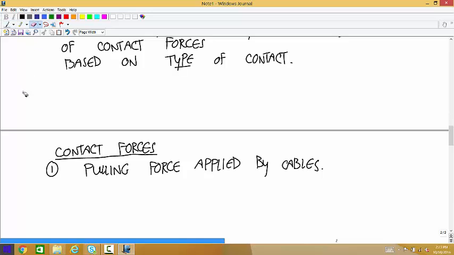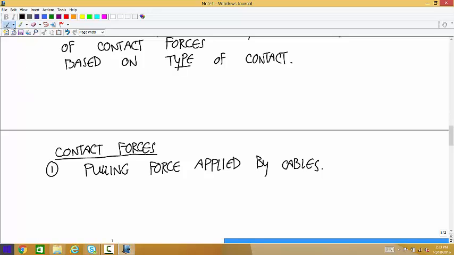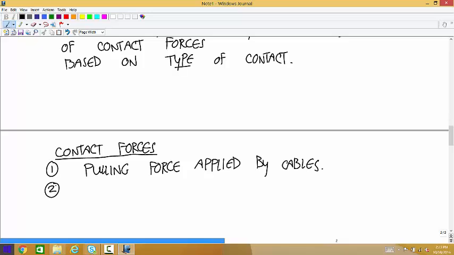You might think of a cable as a pretty specific thing, but when I say cables, I'm talking about pulling with ropes or strings or chains or anything that pulls, okay? And then the second type of contact force is a pushing contact along a flat surface.